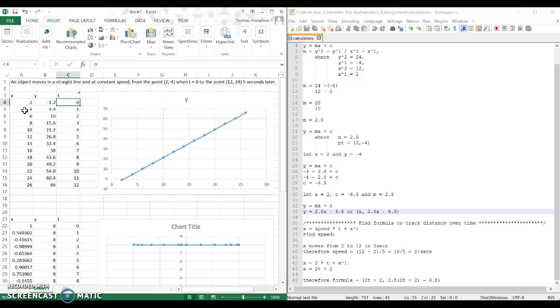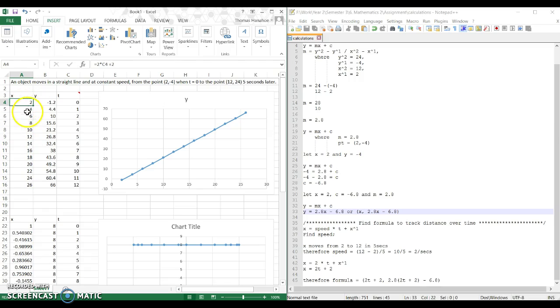So to find x, what I did was I just put equals and put in the formula for t. So as you can see, the formula to find x is 2t plus 2. So that's 2 multiplied by t, which in this case is this box here, plus 2. And that will give me the answer 2.